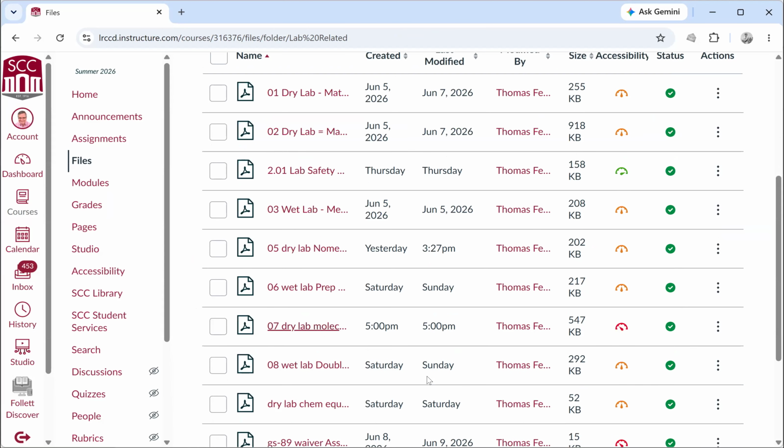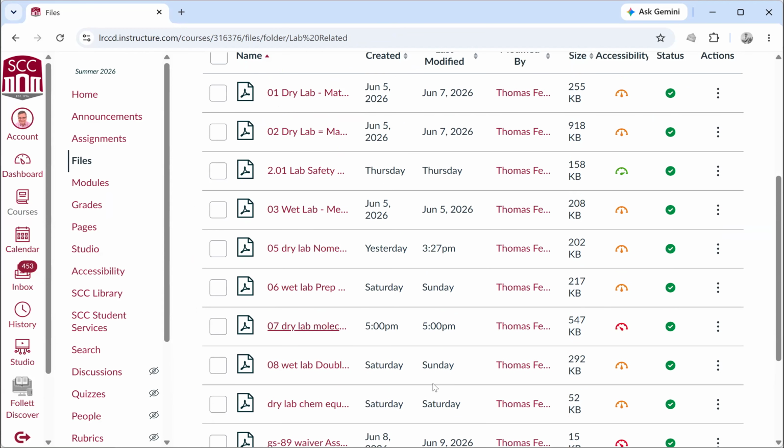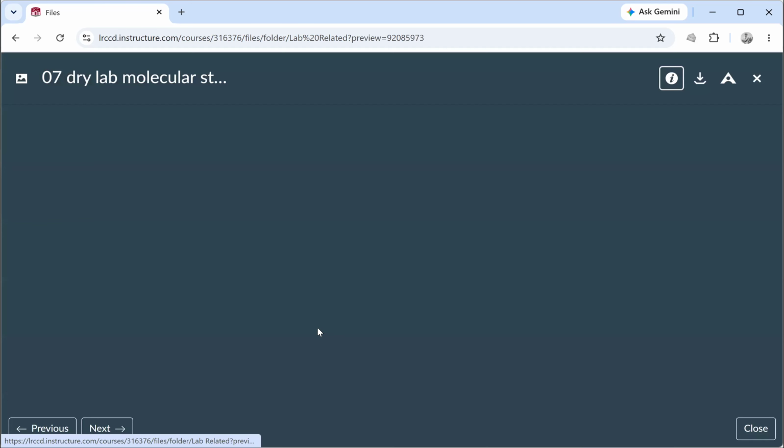And then Wednesday, Thursday, we're doing the nomenclature. Wait a minute, we're doing Lewis structures for Lab 7. This guy here.